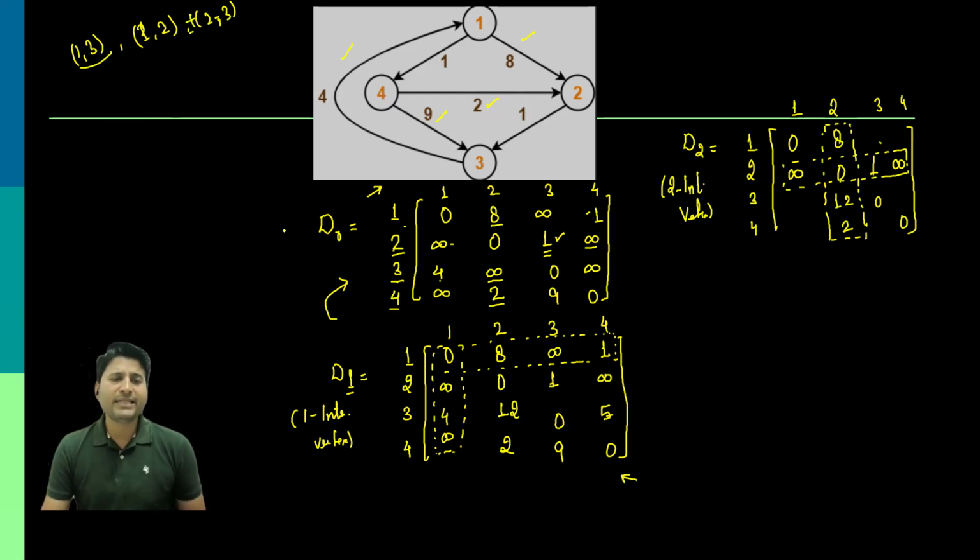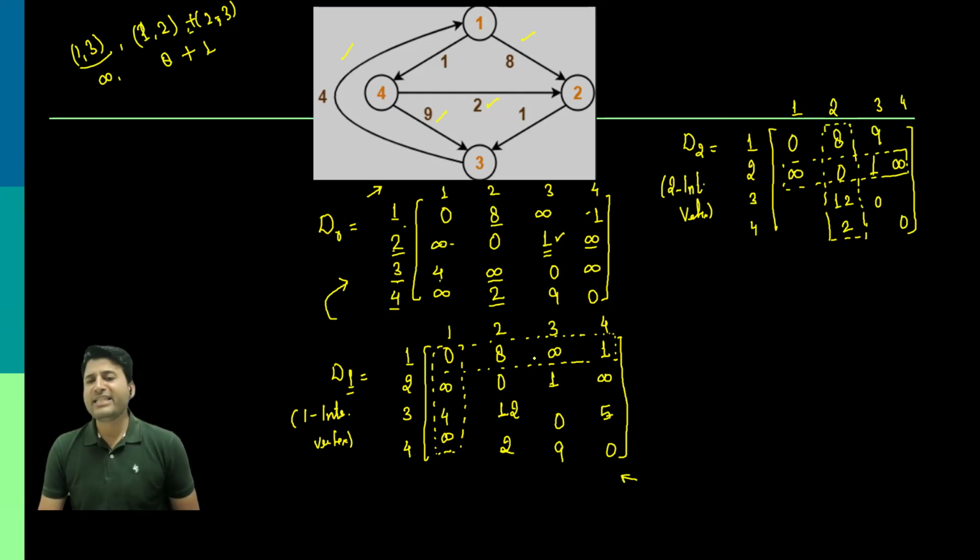Take this reference from D1. So from D1, 1 comma 3 is given as infinite. What is 1 comma 2? It is given as 8, plus 2 comma 3 is given as 1. So the minimum between infinite and 9 comes out as 9. So this entry will be updated as 9, earlier it was infinite.